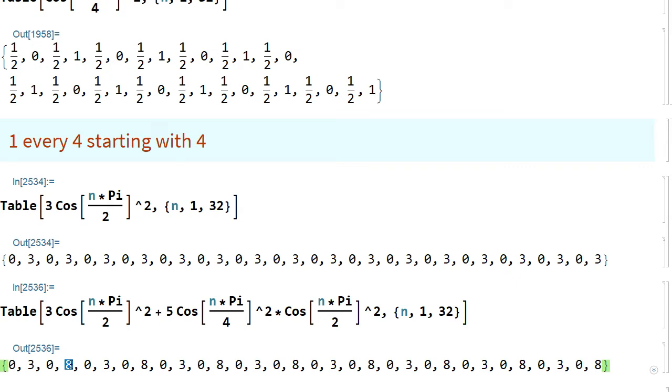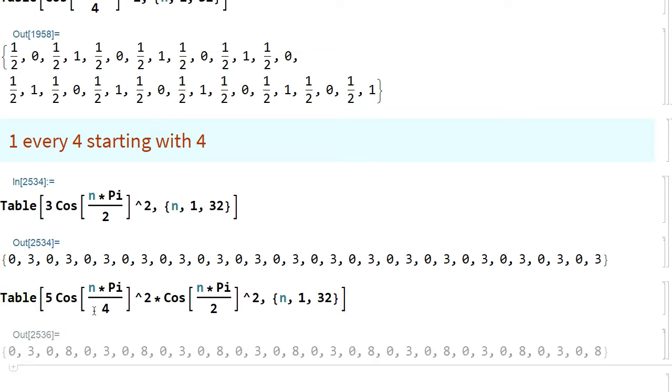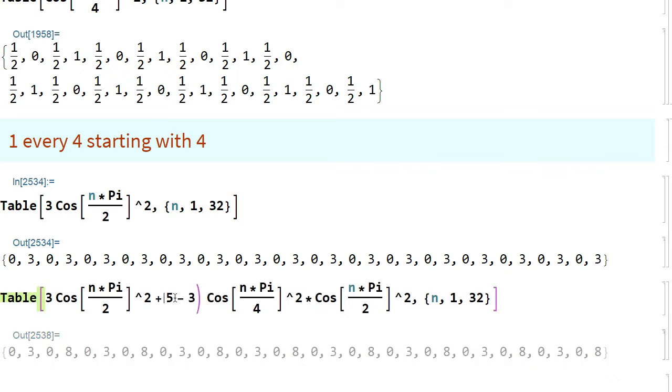Why is that? Well, if we compare these two together, it adds this, because this is at the 4th slot, with the 5 that was here before. See here, that's why it became 8. So all we have to do is add this, but we have to subtract the previous number.